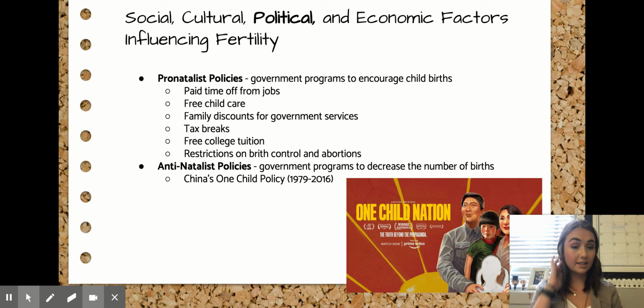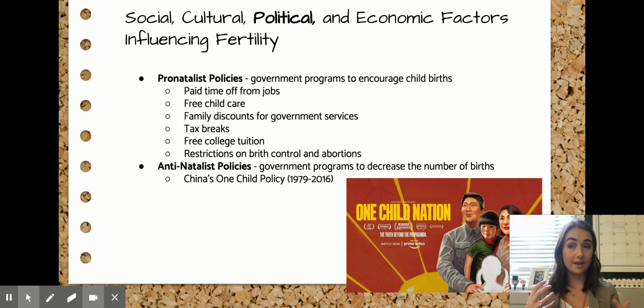Also, because in China's culture males are more valued than females, a lot of times if a family got pregnant with a girl, because they could only have one child, they would give that child up for adoption and try again for a boy.